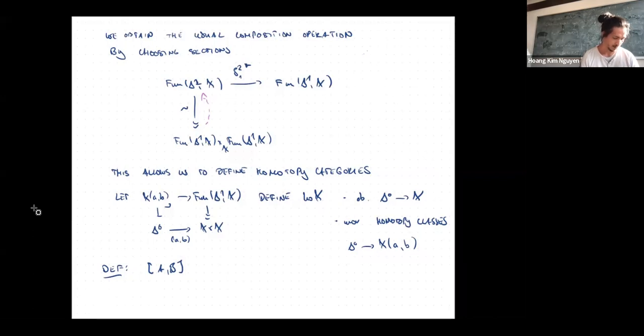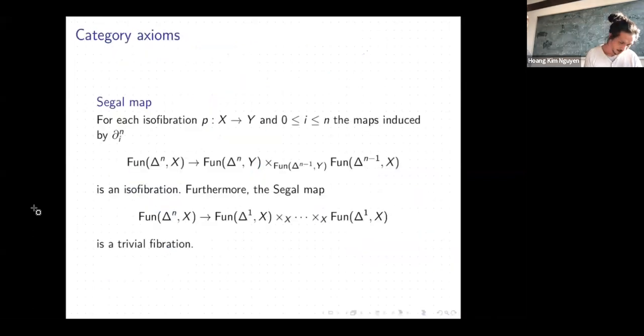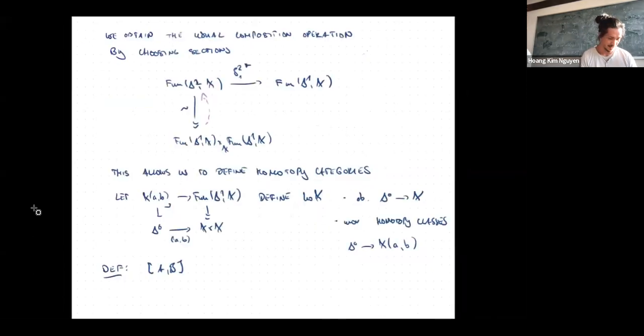I'm wondering how we know this map from Fun(delta 1, X) to X times X is an isofibration. That seems slightly stronger to me. Yes, that should be a particular case of this. Oh, okay. I'm sorry, I just didn't understand this definition correctly. Great, thanks. I didn't see the pullback there.